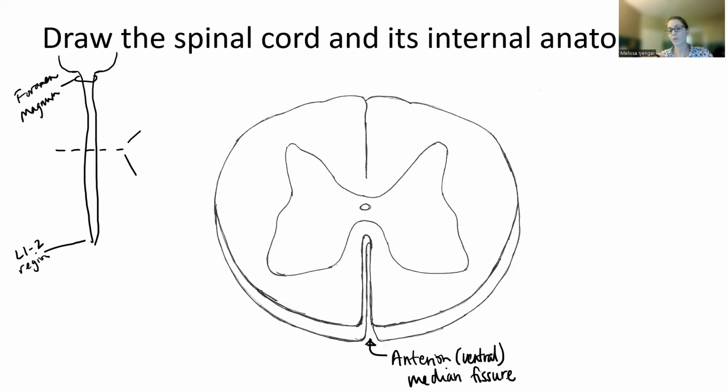Okay, so the fissure is that really big, deep indent. And then on the posterior side, you should see that this part right here, I'm just going to make a little darker. That part right there is going to indicate that this is posterior. So this is the posterior, otherwise known as the dorsal median sulcus.